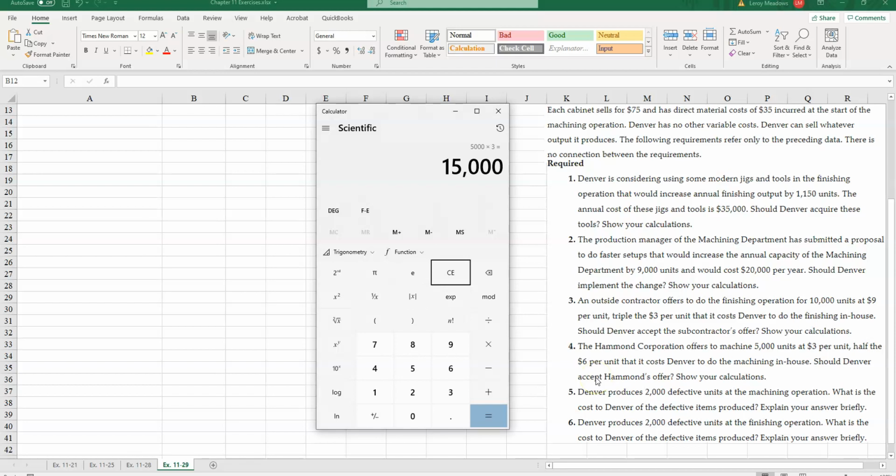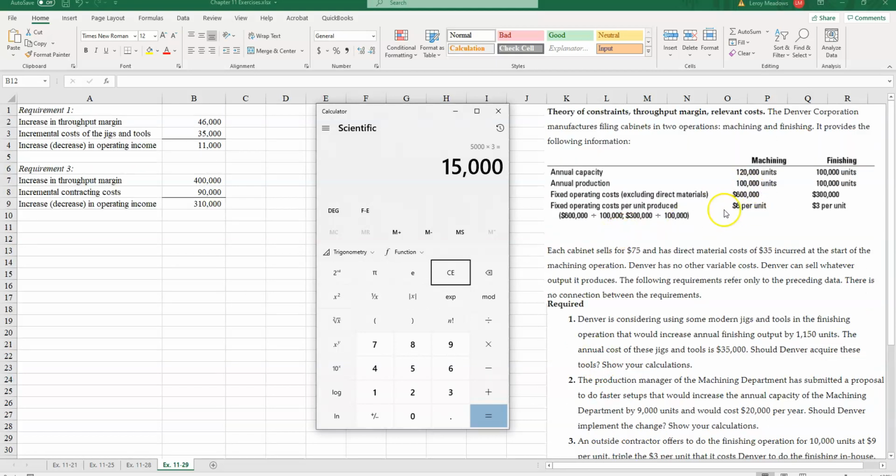But if we're already going to incur those costs, and by outsourcing these 5,000 units we're going to incur $3 per unit additional costs, does raising our costs make sense? No, it doesn't. So why would we want to increase our costs and decrease our operating income by $15,000? That's because we're not getting rid of any portion of these costs.